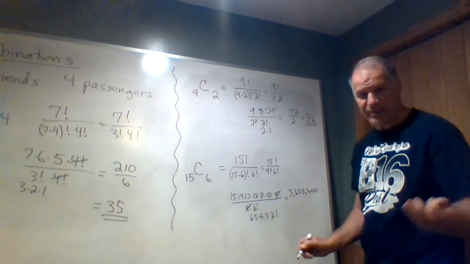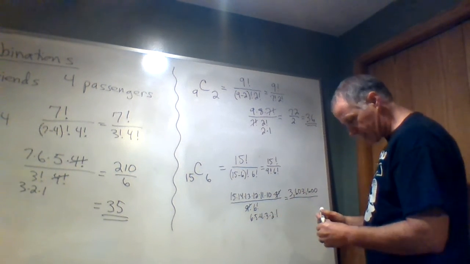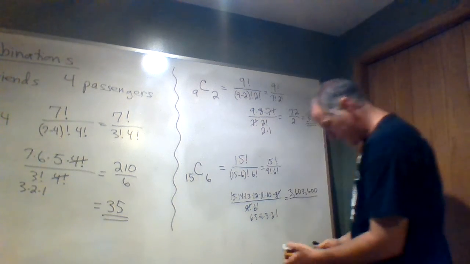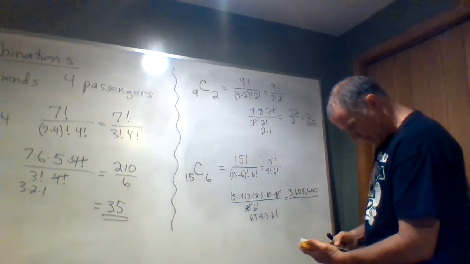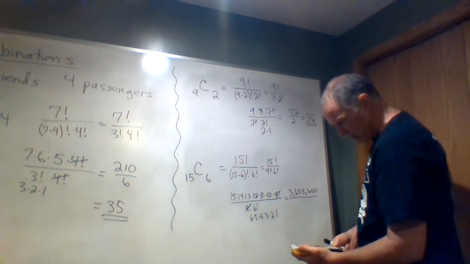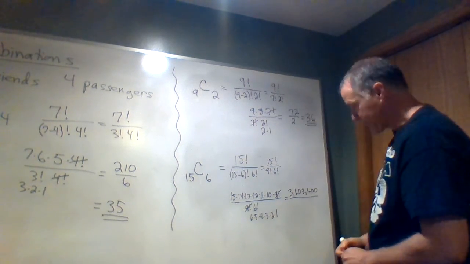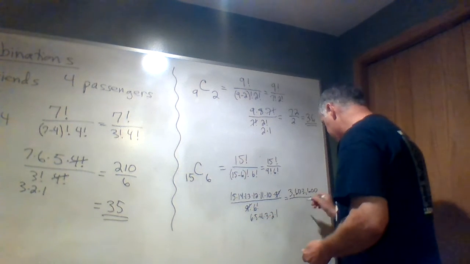That's a big number. You have a calculator, no big deal. Now remember, we're still going to be dividing by what's on the bottom, so we're going to need to multiply this one out. So 6 times 5 times 4 times 3 times 2. Remember, times 1 doesn't do anything, so I can just stop at the 2. 720.